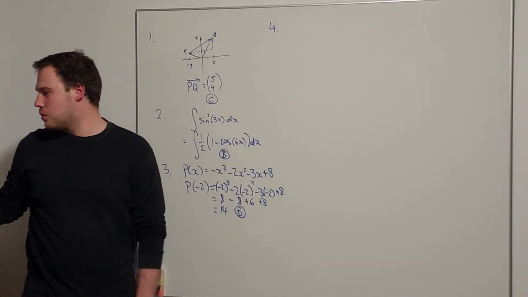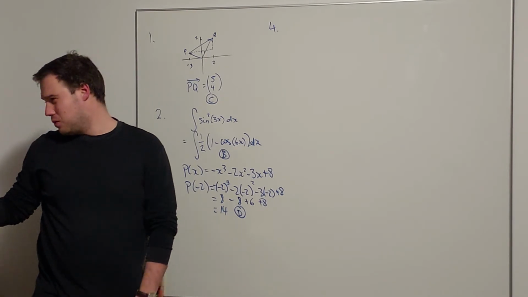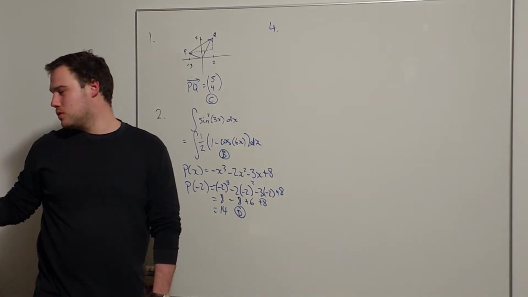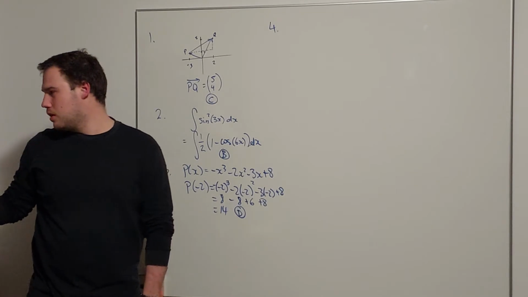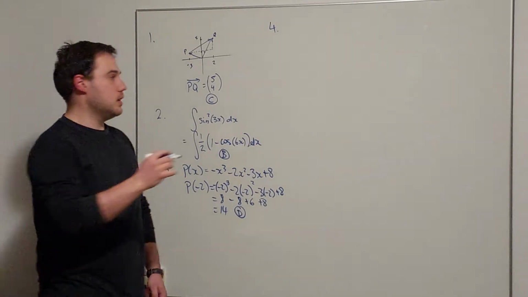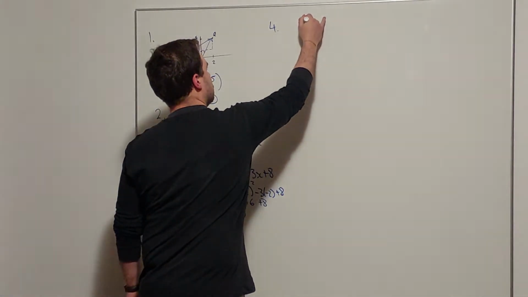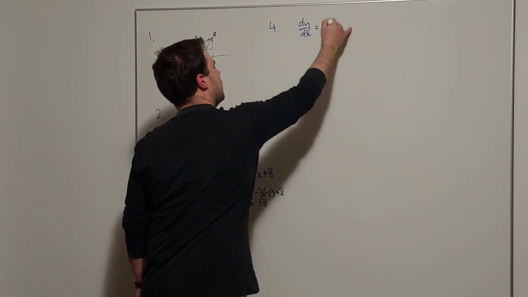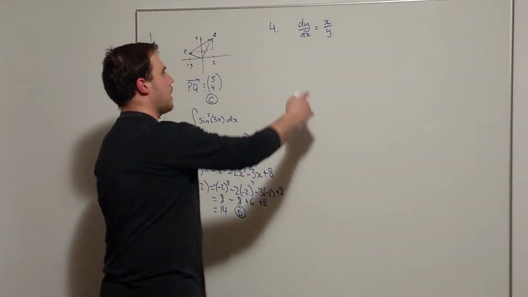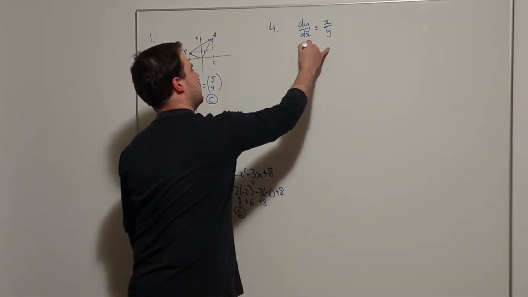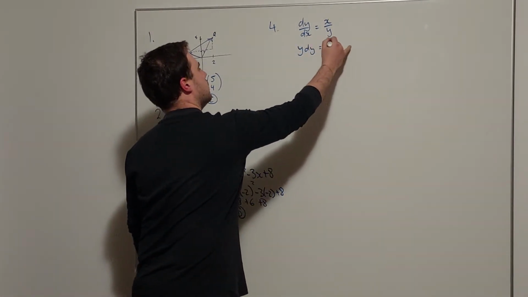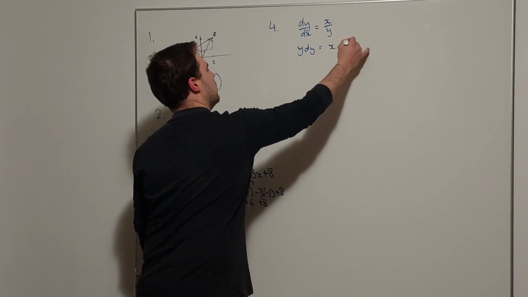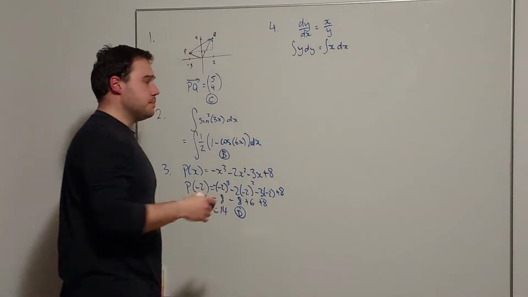Alright, consider the differential equation dy/dx equals x on y. Which of the following equations best represents this relationship between x and y? So if dy/dx is x on y, we can times y up there and dx up there, and integrate both of them.